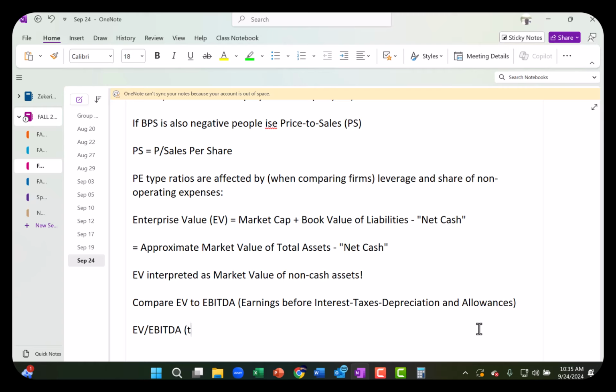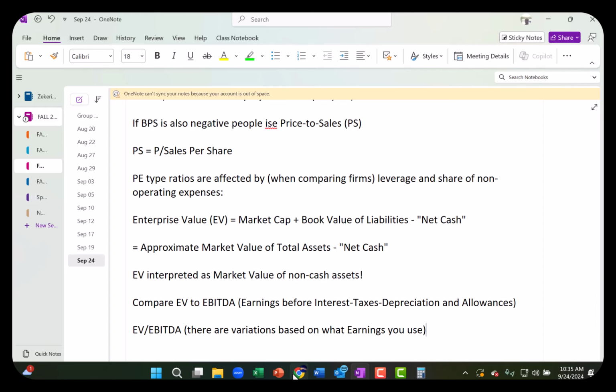Of course, there are variations of this based on what earnings you use. Are you using trailing 12 months, next 12 months, expected earnings, average earnings over the next 5 years, what have you?